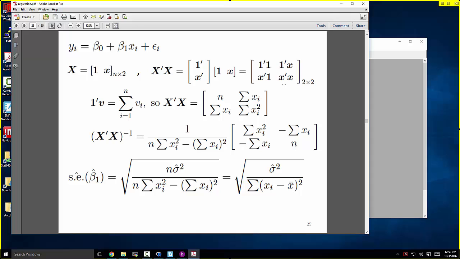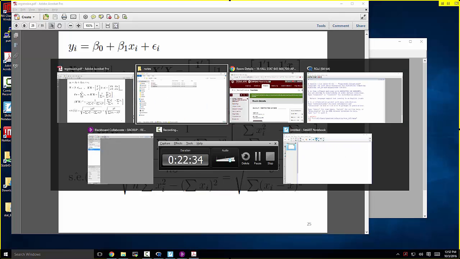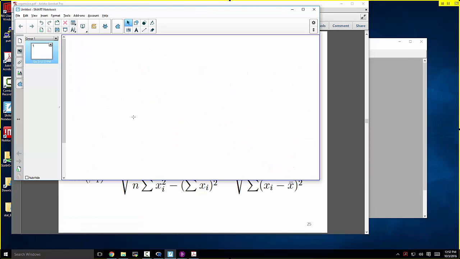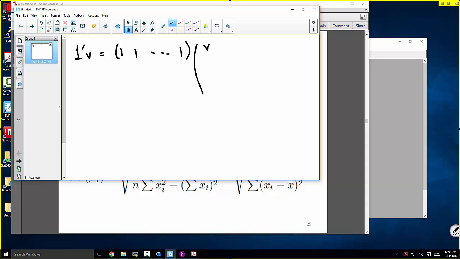If you follow through, you have these other pieces. 1 transpose a vector v is equal to 1 times v1 plus 1 times v2 plus dot, dot, dot, which would be the sum.